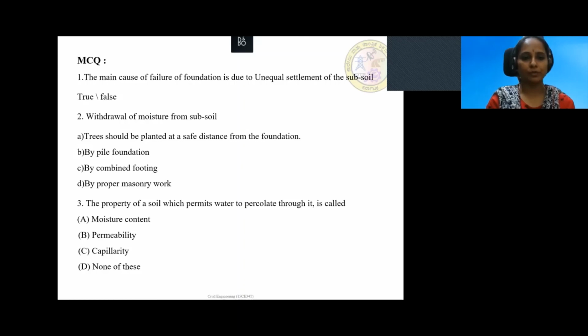Question number two. Withdrawal of moisture from subsoil. Option A, trees should be planted at a safe distance from the foundation. Option B, by pile foundation. Option C, by combined footing. Option D, by proper masonry work.